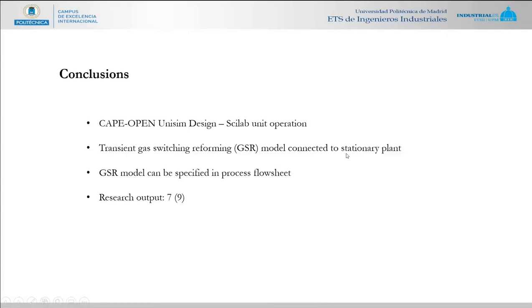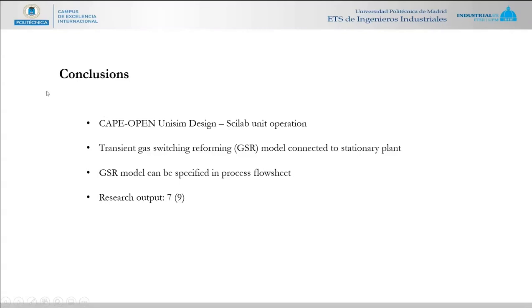We've also been working with electrolyzer models or with membrane reactors, which are much more troublesome to represent in this simulator. Right? And also a very convenient feature is that the specifications of the Scilab model can be provided from the process closure. And this has led up to now to 7 published research items and 2 more on the way.